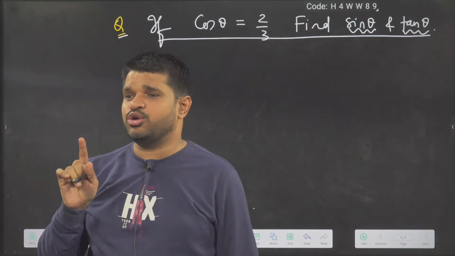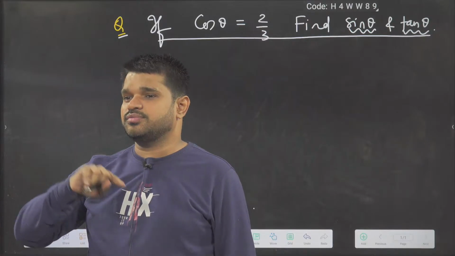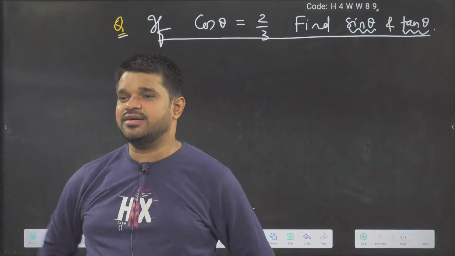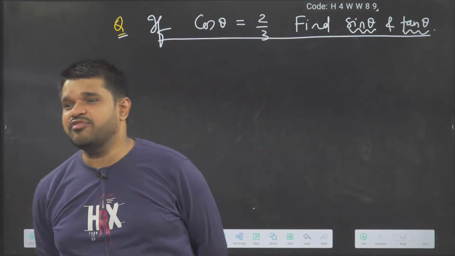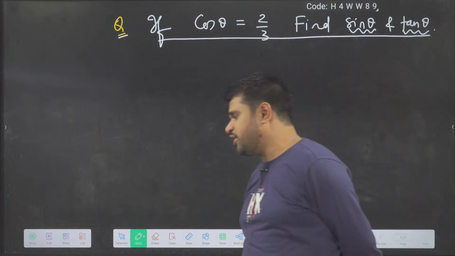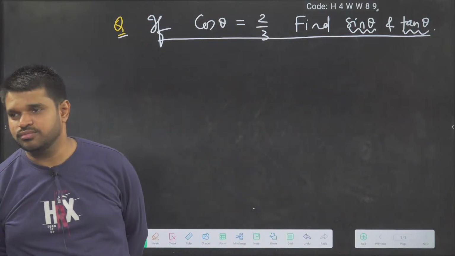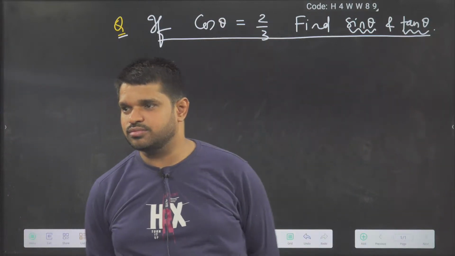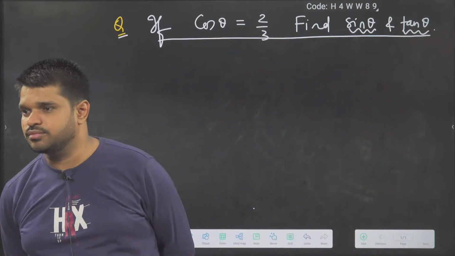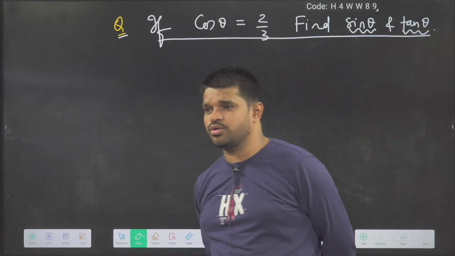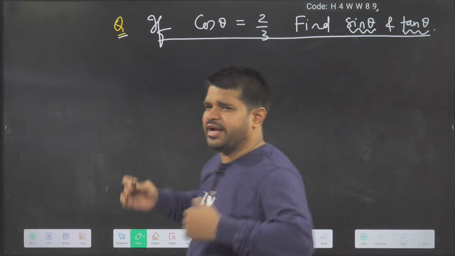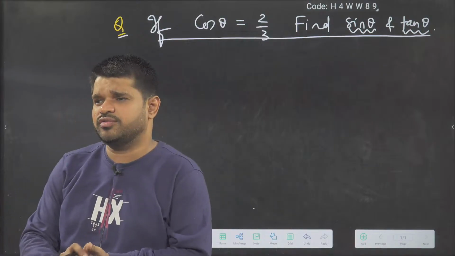The process I am telling you: just draw a right angle triangle and find the third side. After finding the third side, use the formulas of all trigonometric ratios. I will solve it in the end. In the meantime, you can solve.